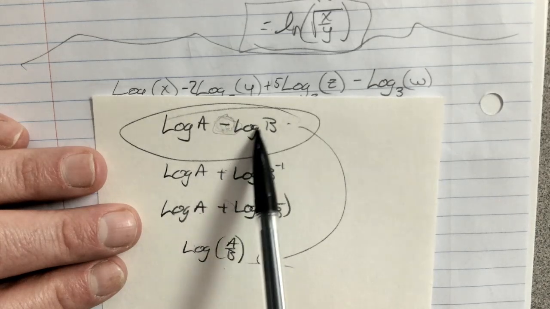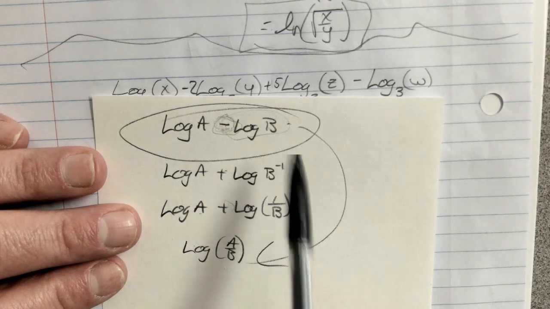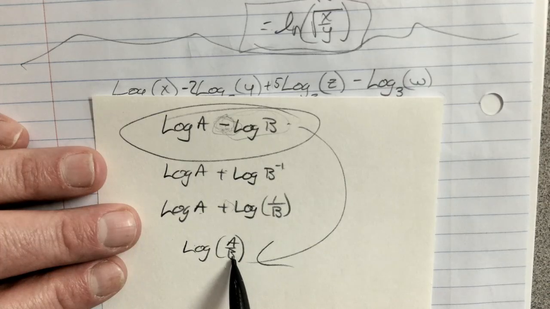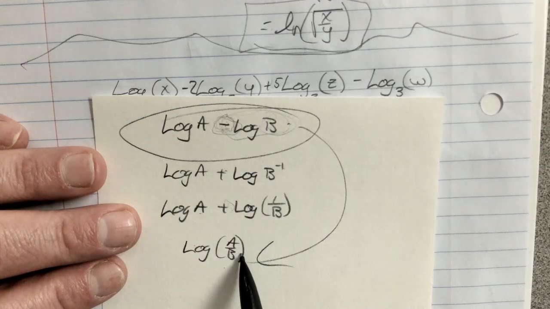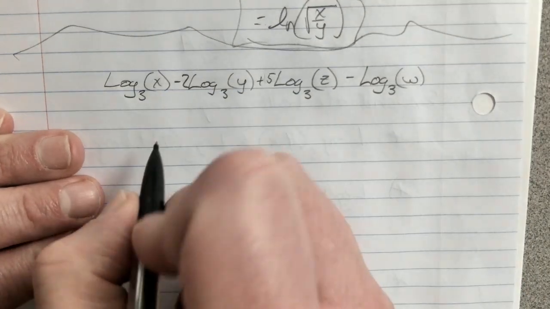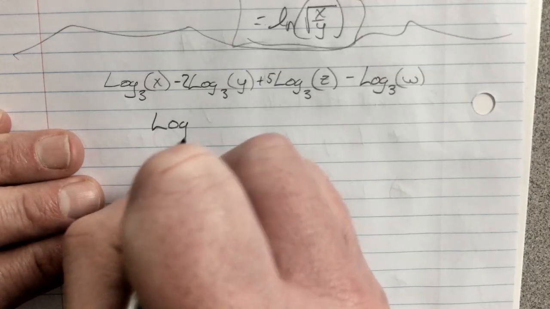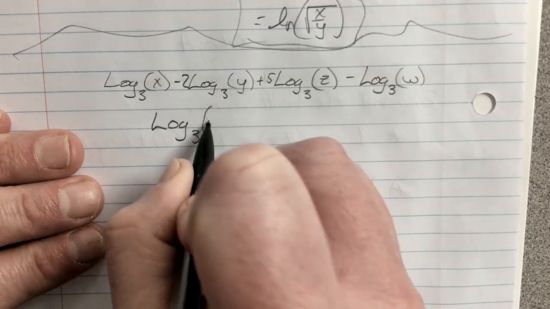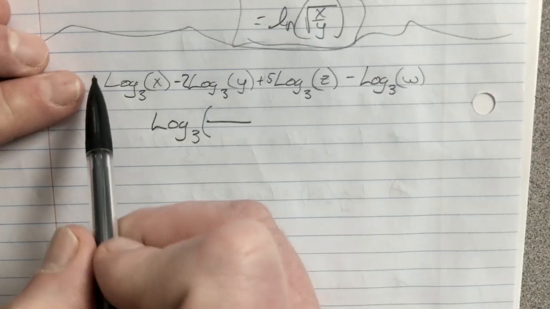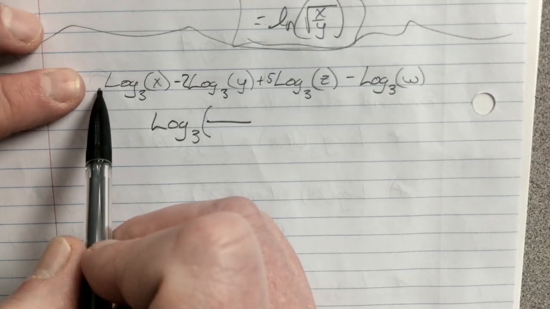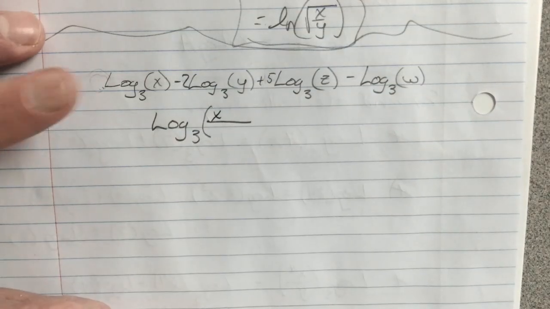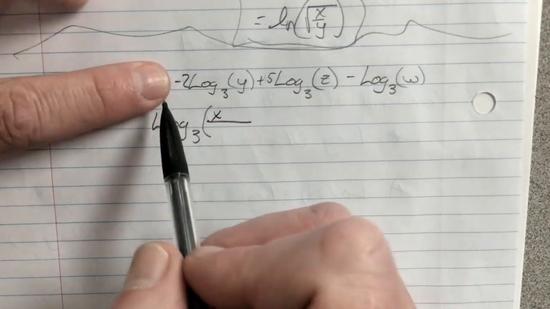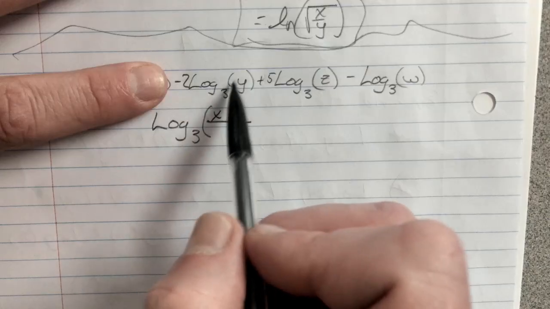So what am I saying? If I have a negative in front of a logarithm, where did the argument end up? The denominator. So if I have subtraction, the following argument is in the denominator. Watch carefully as I speed run this. The exponent is a multiplier in front. I don't have one, so I have x to the first on top because it's positive. This log base 3 of y, is it positive or negative?